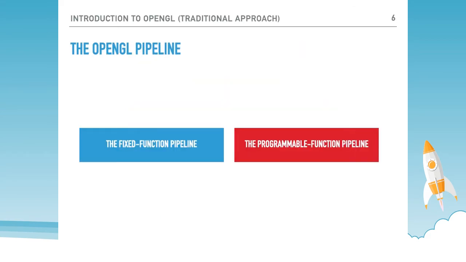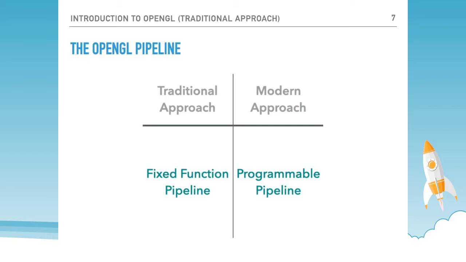As we have seen in the previous lecture, the OpenGL pipeline consists of the fixed function pipeline and the programmable function pipeline. And I have actually grouped them into traditional approach and modern approach respectively. So today, we are going to look at the traditional approach, which is the fixed function pipeline for our OpenGL.